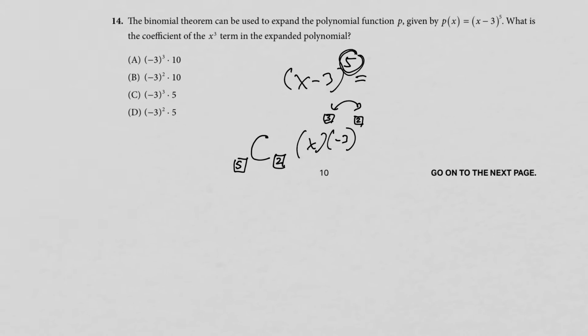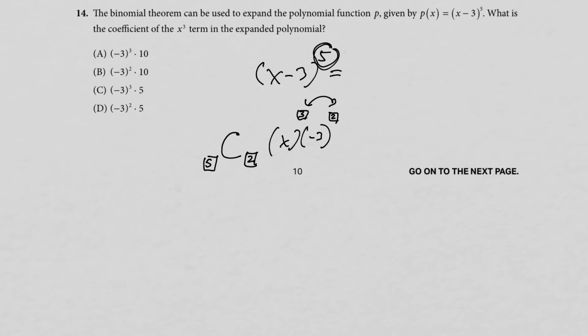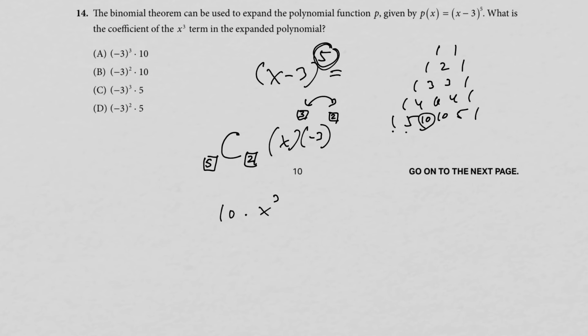Now, for 5c2, there are 2 ways to get that. One is if you know Pascal's triangle. This is 5c0, 5c1, that's 5c2. So we could just do 10 times x to the 3rd times negative 3 squared, which is 9.